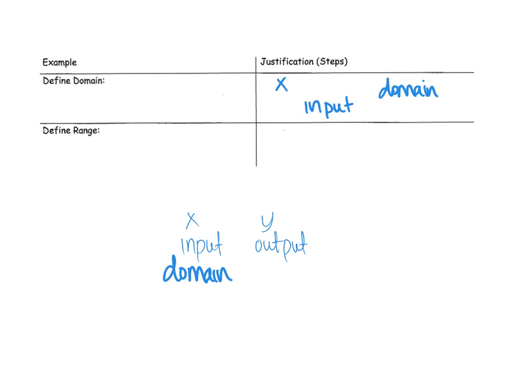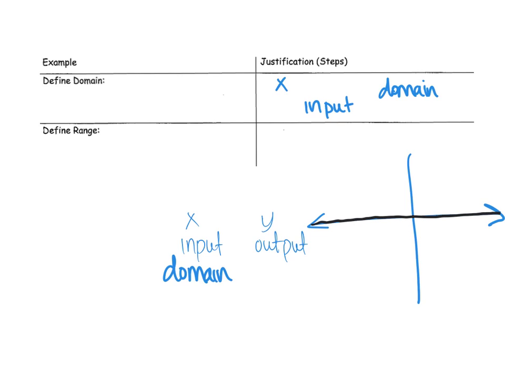So what is the definition of that word, though? When I'm talking about the domain, I'm talking about the x-axis. So if I had a graph, then my domain would be anything on the x-axis.